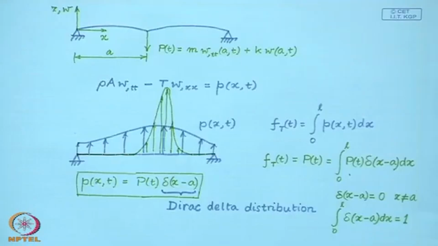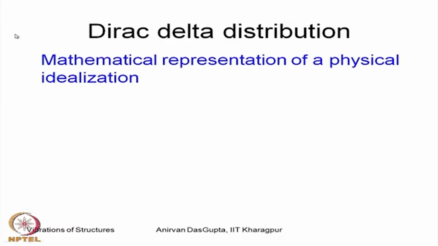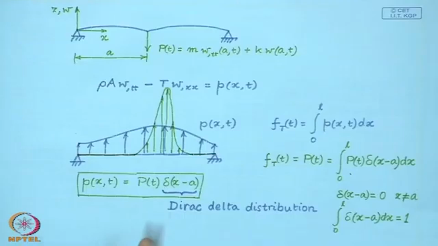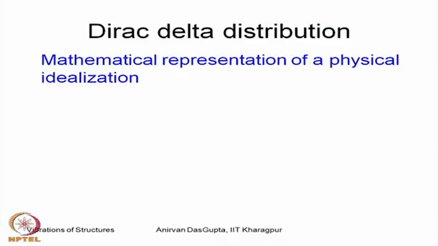So, what this Dirac delta distribution achieves is that it gives us a mathematical representation of a physical idealization. So, what is the physical idealization? Now, in the macroscopic world, you do not have concentrated forces, that means, forces acting over 0 area. You always have forces acting over a distribution, over a distributed area.